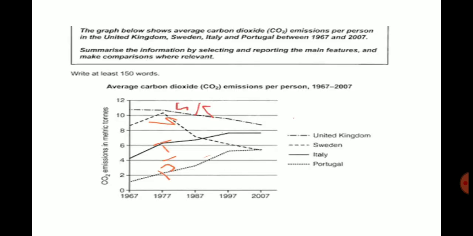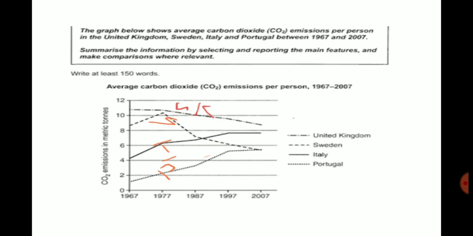Okay, first we need to read the statement. The graph below shows average carbon dioxide emissions per person in the United Kingdom, Sweden, Italy, and Portugal between 1967 and 2007. Now we have to see three things in this statement. The first one, we can't change carbon dioxide, it would remain the same.